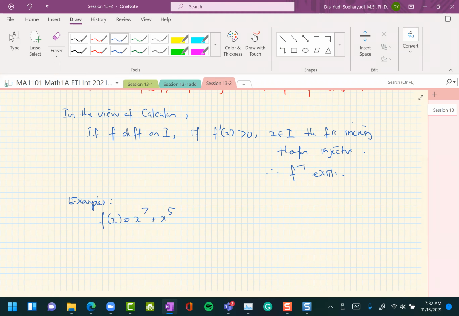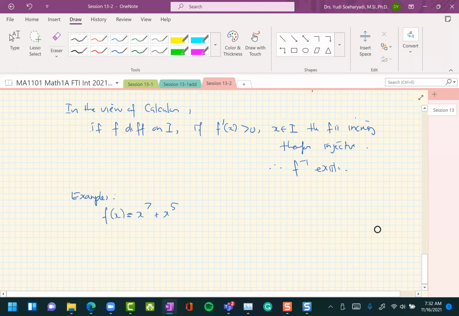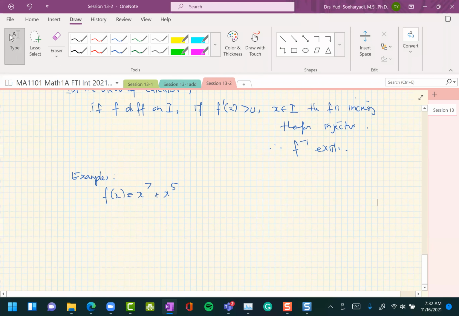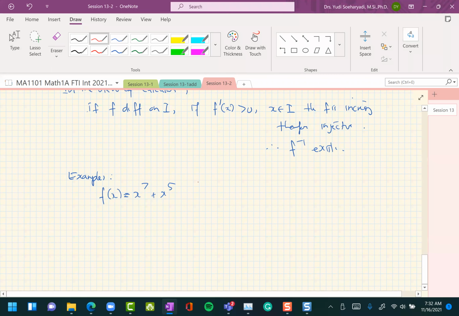Okay. Let's see. This is polynomial, therefore differentiable. Let's take the derivative.